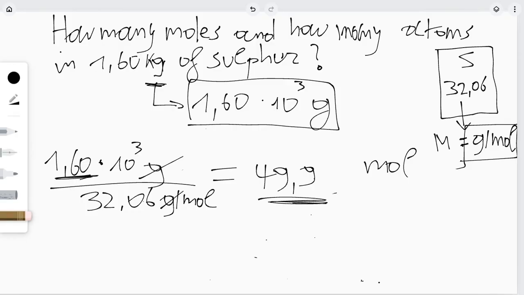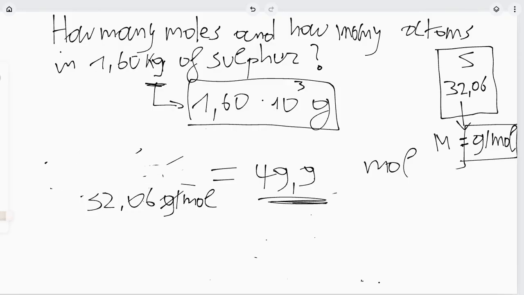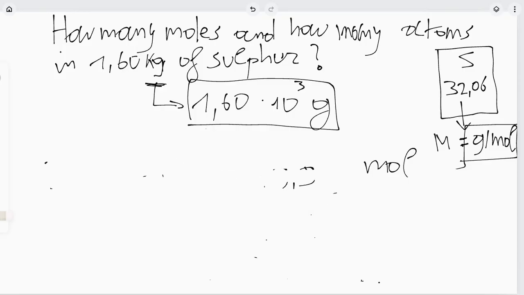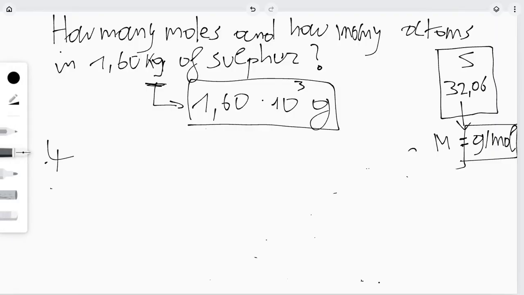The other part is exactly the same. Now we have our moles, and we need to know how many atoms are in there. So we have our 49.9 mole. And this needs to become an amount, but an amount doesn't have a unit. It's just an amount.